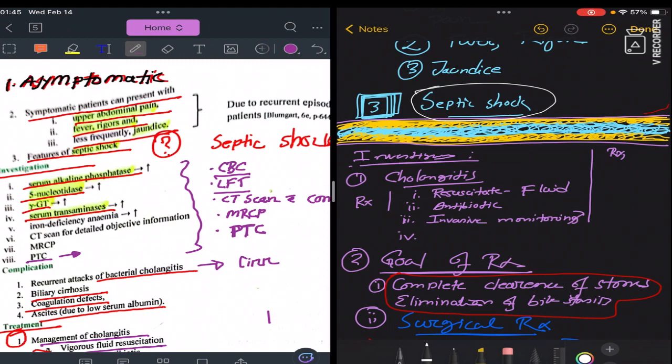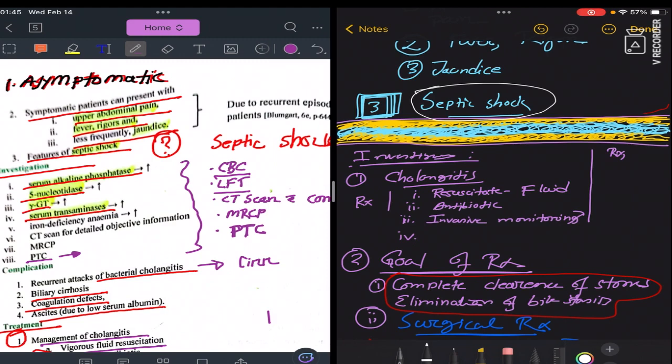In the liver function test, we can see the condition of the bilirubin, whether there is any transaminitis, and whether ALP, GGT, and 5-nucleotidase are raised. CT scan is for detailed anatomical information, then MRCP and percutaneous transhepatic cholangiography.